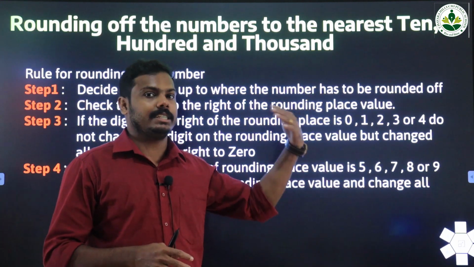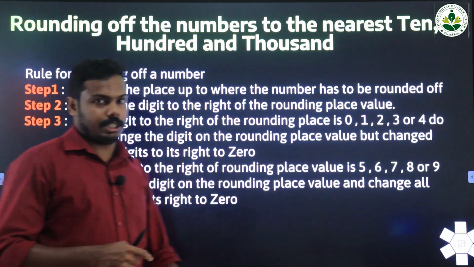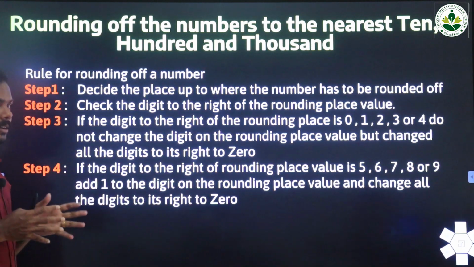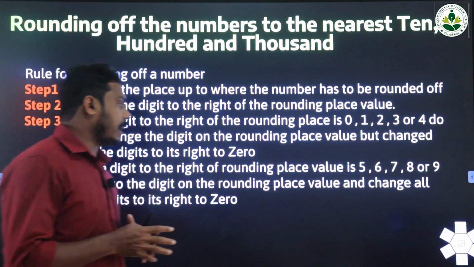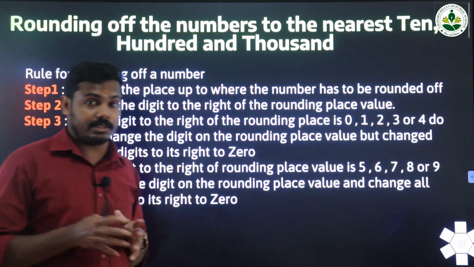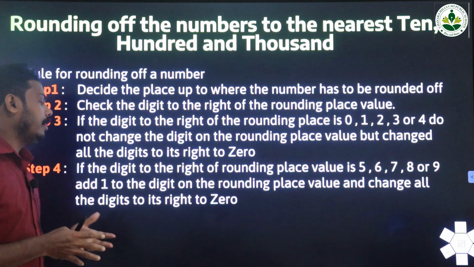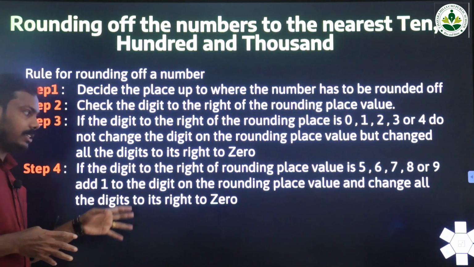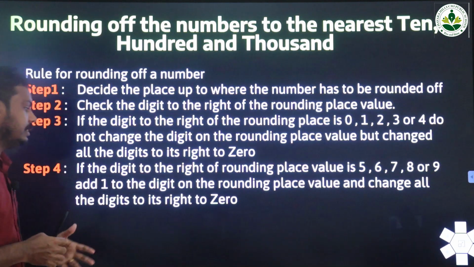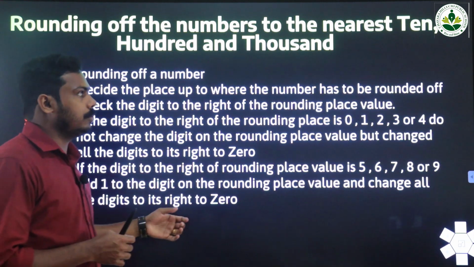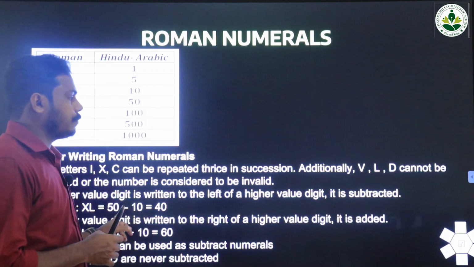We can do some examples, then you will understand. Step 4, if the digit to the right of the rounding place value is 5, 6, 7, 8 or 9, add 1 to the digit in the rounding place value and change all the digits to its right to 0.